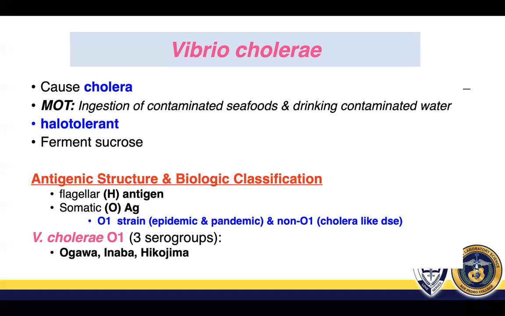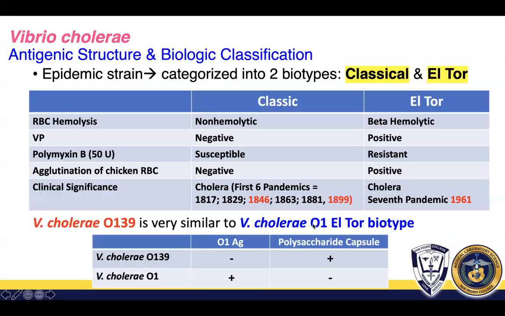Again, there are more than 130 serogroups based on typing for the O antigen. The O1 antigen can be categorized into two biotypes. We have the classical biotype and the El Tor biotype of the O1 serogroup.